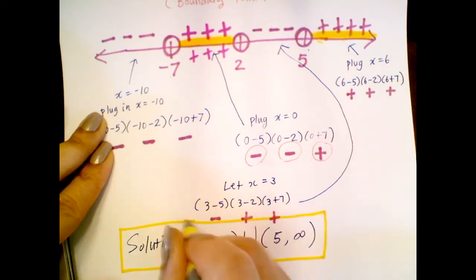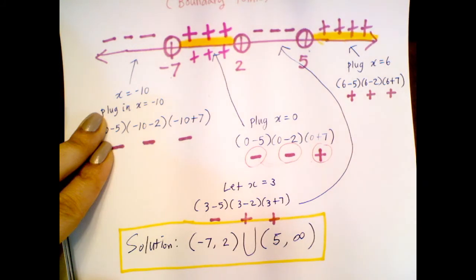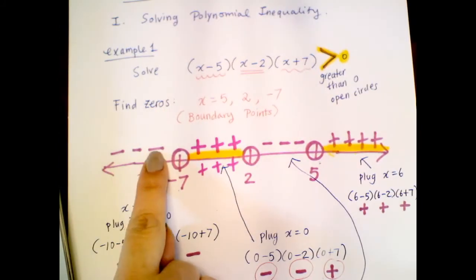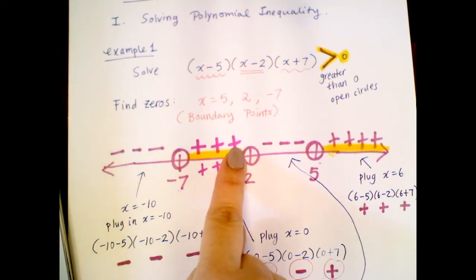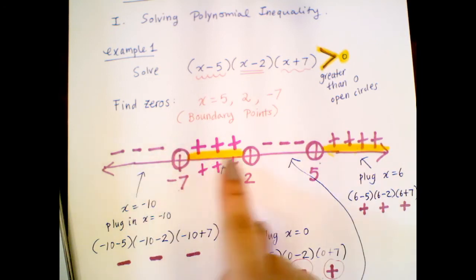And this one, we were given something that was already factored. So prepare for the ones that are not factored, where you have to do a little more work before. But let's try another one. Before I get there, I want to point something out. Do you notice how it was negative here and then it crossed to the positive side? And then it crossed back to negative, and then it went up to positive again, right? It was crossing.